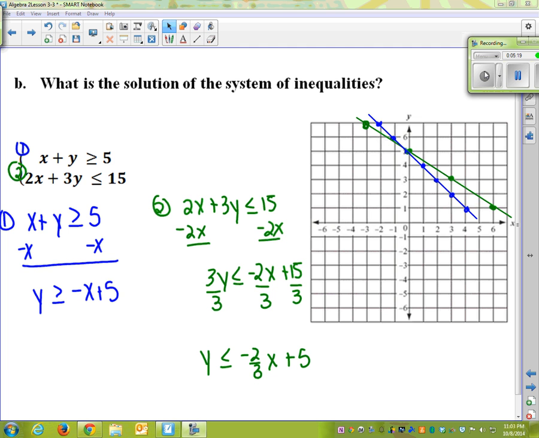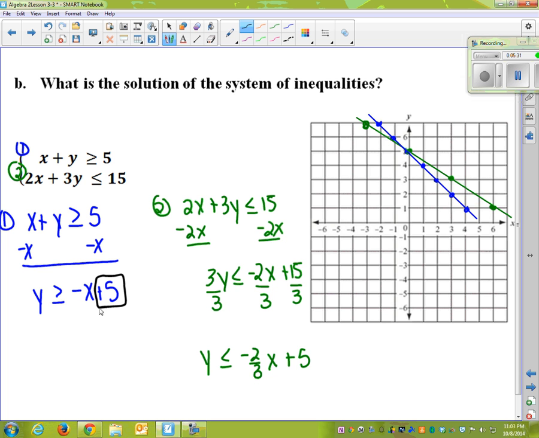All right, this is what my two lines look like. Putting the first equation in slope-intercept, I just subtracted the x over. So my y-intercept was at positive 5, and my slope was negative 1 over 1. So I started at 5 and I went down 1 and to the right, down and to the right.